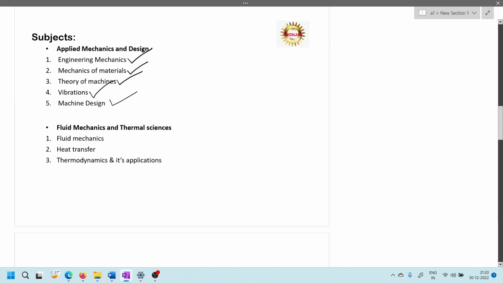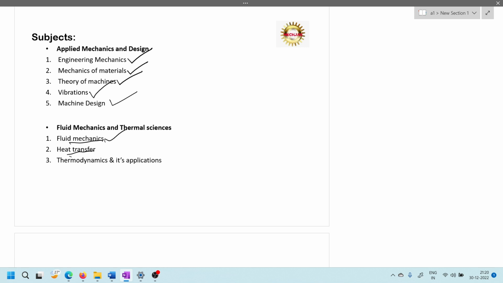Then fluid mechanics and thermal science. Here it's about fluids, how fluids perform, what the properties are, what the types of fluids are, and how we can use them. Those things come under here. And heat transfer means how we are going to transfer the heat from one place to another. Because if an engine is very hot, we should transfer the heat into the atmosphere or some other rejection place to keep our system at a constant temperature.